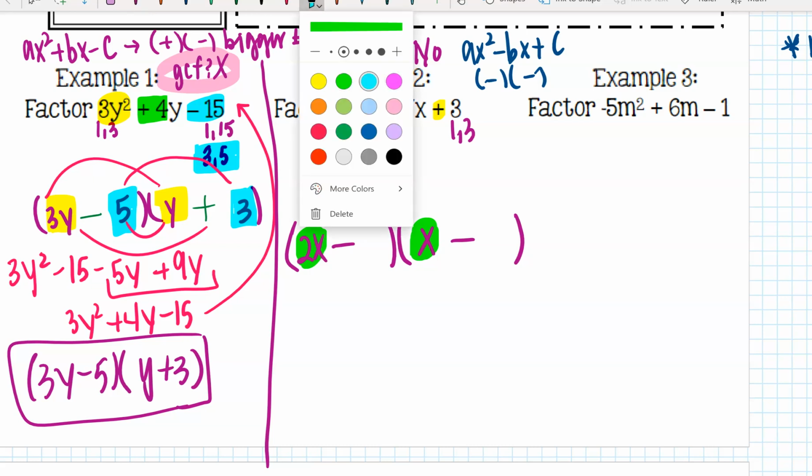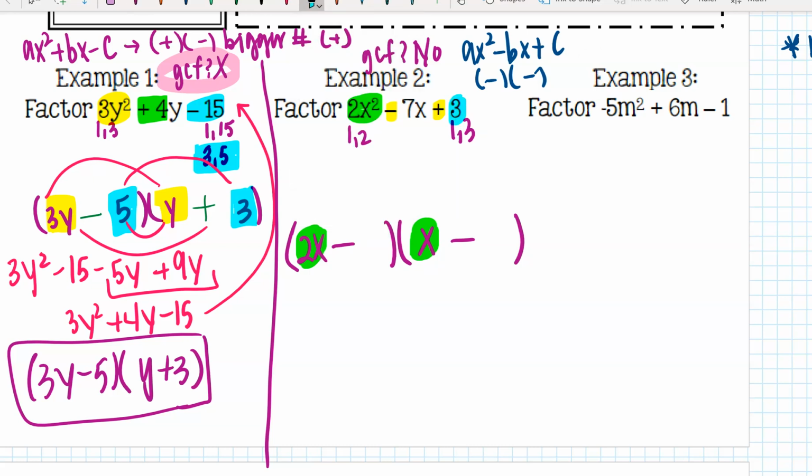So then I also know that my last term has to give me a positive 3. So I know 1 times 3 does that. But I need to put them in the binomials in a way that I can get this negative 7x when I add my like terms together. So I need to be very careful about what I'm going to put where. Okay, so where's the 1 going to go and where's the 3 going to go?